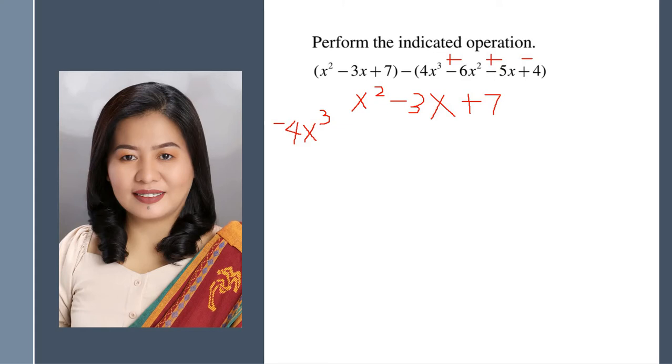So that gives us plus 6x squared, plus 5x, and minus 4.